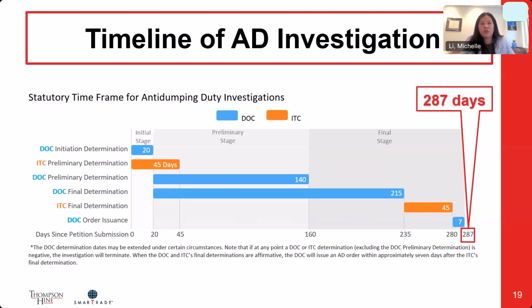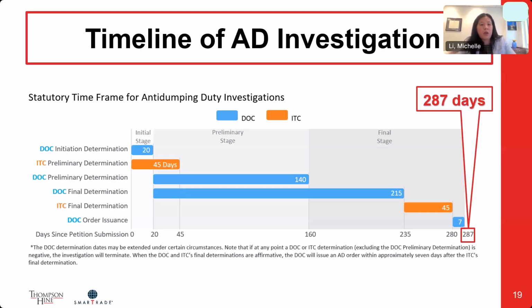And the International Trade Commission will have 45 days from the date of petition to decide whether there is an affirmative preliminary injury determination, based on the record they collected from all the foreign manufacturers, domestic manufacturers, and the US importers. And it's a relatively low bar.